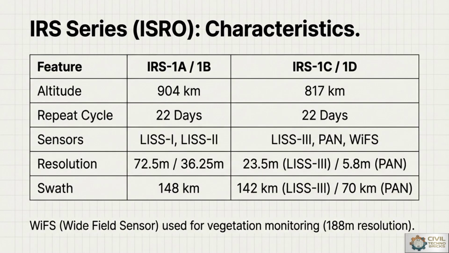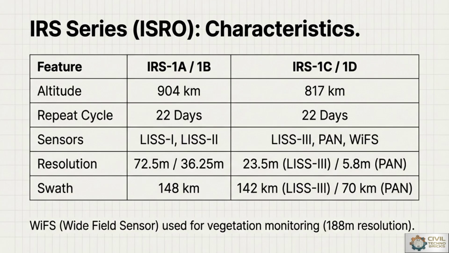The characteristics of Indian remote sensing sensors by ISRO are also explained in a descriptive manner based on some features. These satellites provide high quality earth observation data for resource assessment and infrastructural planning. The sensors offer varying resolutions and swath widths.